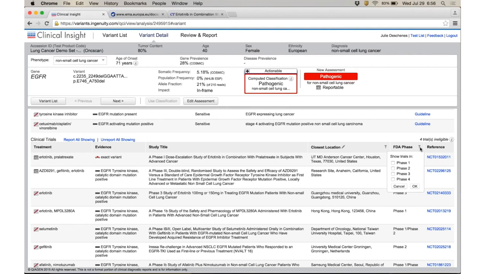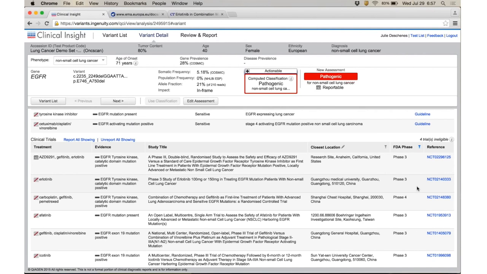So the little funnel throughout the application allows you to filter. I will filter here and select only clinical trials with phase 3 and phase 4. And now I focus only on phase 3 and phase 4. Similarly, you can do the same with the location of your trial. You can filter based on the location and change your location.